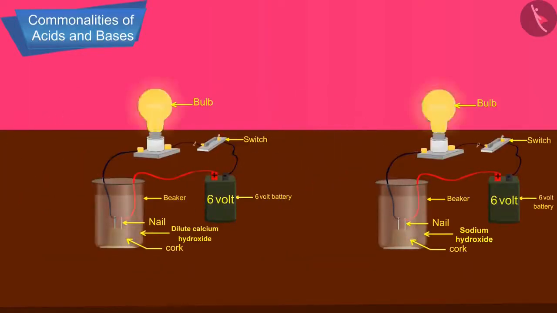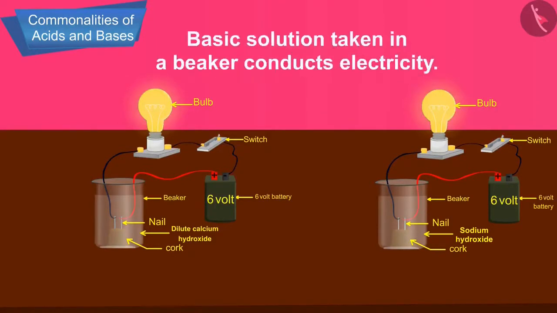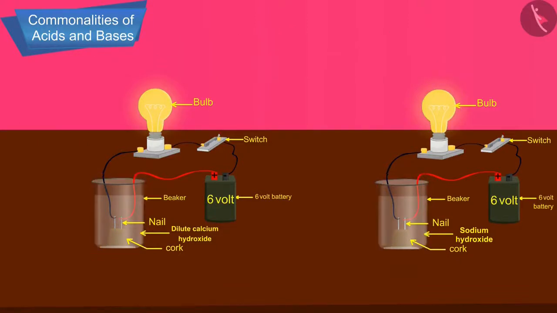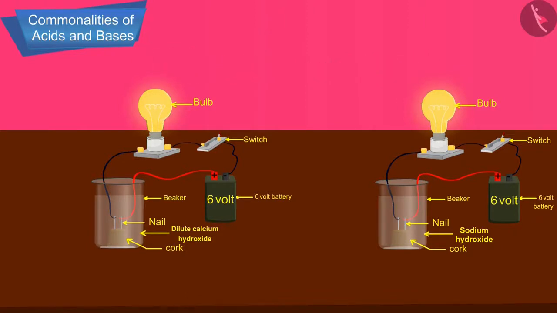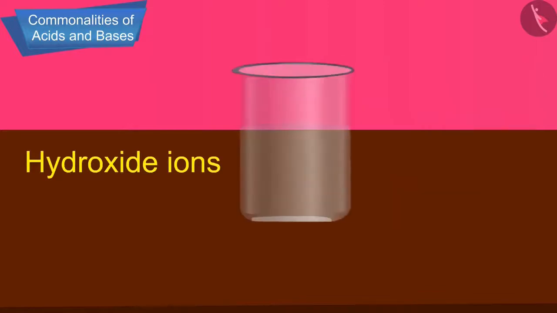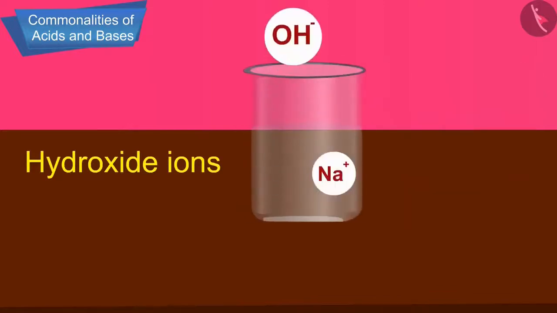And the bulb starts glowing. This shows that the basic solution taken in a beaker conducts electricity. Glowing of the bulb indicates that there is a flow of electric current through the solution. The electric current is carried through the basic solution by ions. So, we can conclude that when a base is dissolved in water, it always produces hydroxide ions, OH-.